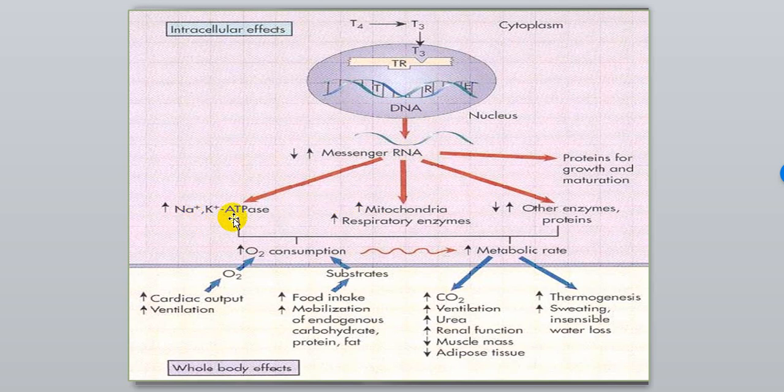It will increase the sodium potassium pump, and increase mitochondria and respiratory enzymes. It leads to an increase or decrease of other enzyme proteins, depending on the type of enzyme, and leads to proteins for growth and maturation because of transcription, which also leads to protein synthesis. That leads to increased cardiac output and ventilation, because of increased consumption of oxygen, which increases under the effect of thyroid hormones.